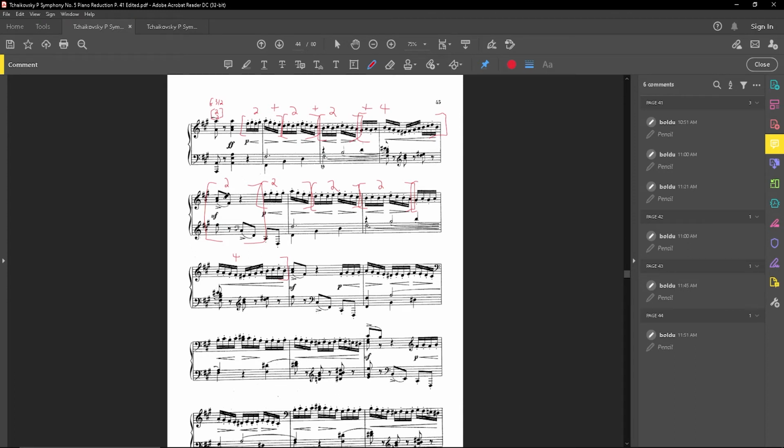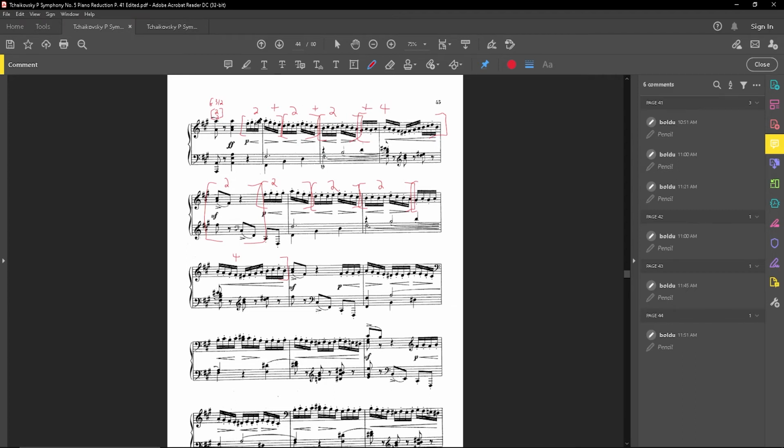And now, because of the registral differences here, you have groupings of 2 that lead with these accents, 1 2, 1 2, 1, and then the soprano violin melody begins again. But still in the bass, I think you can confidently hear 1 2 3.